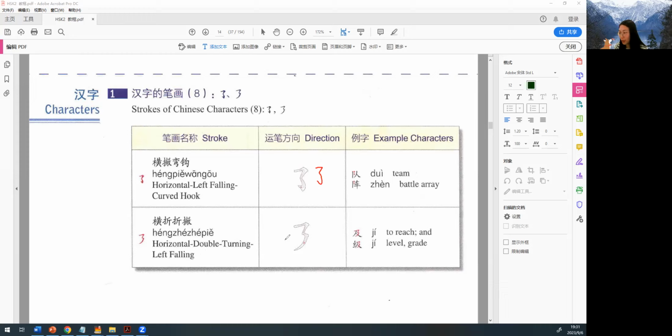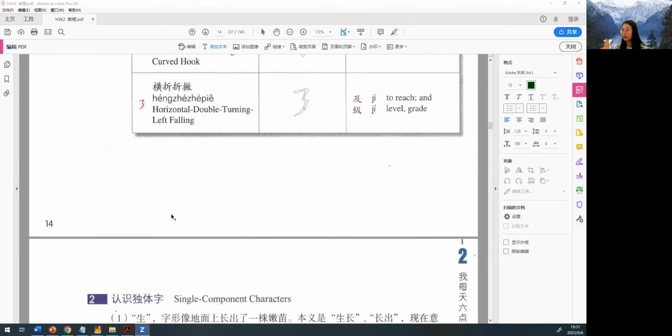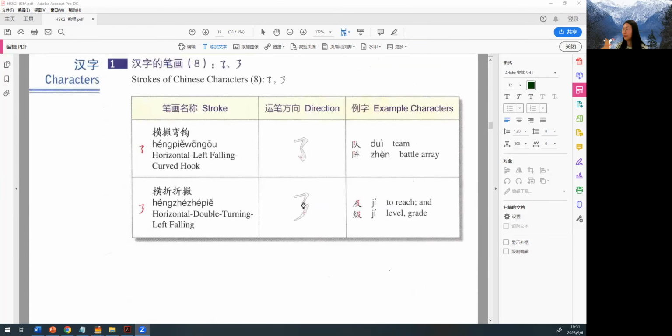And then the second one will be like this. It's very easy to understand. All right, so let me erase it.